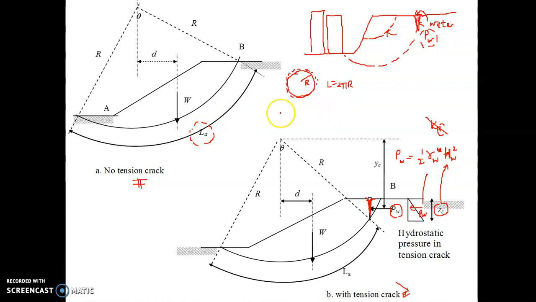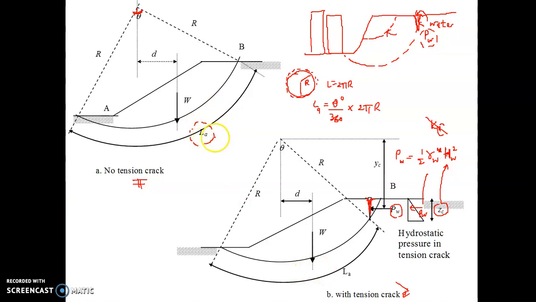Here we need to define the theta for the length LA. Of course we need to know what the theta is. If we use degrees, we need to divide by 360. So LA.